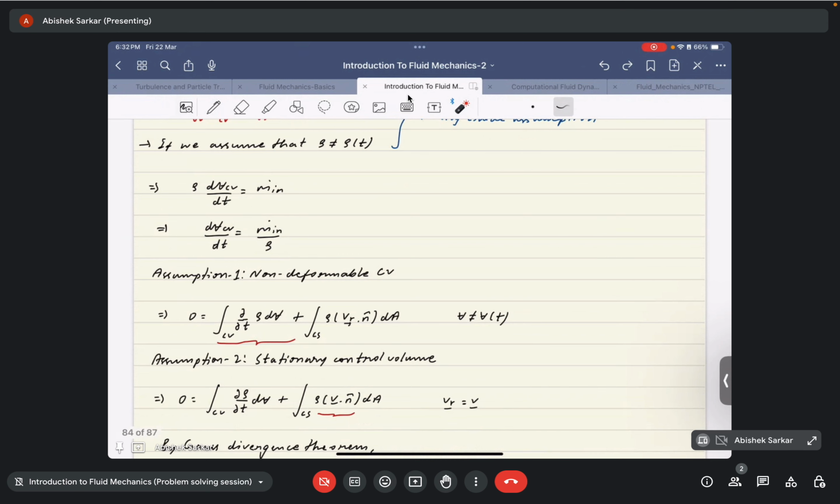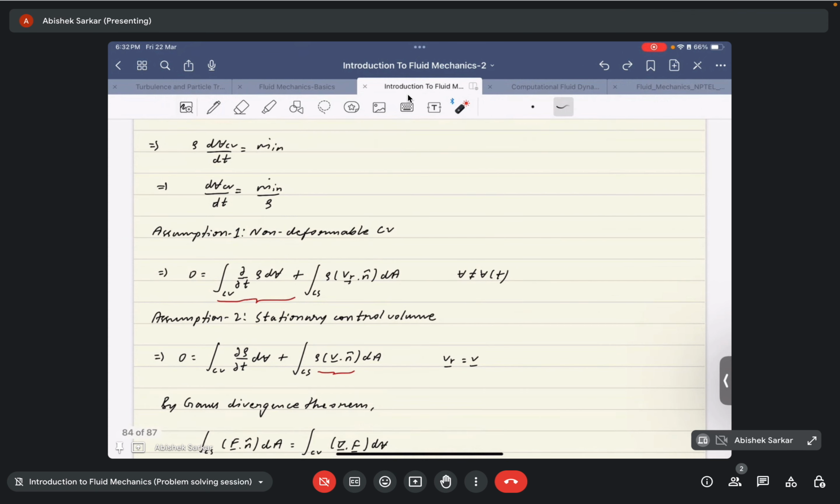Okay, and now if we consider a stationary control volume, then as I mentioned, this V_R is actually the velocity of the fluid with respect to the control volume. There is no restriction in the initial derivation of RTT that the control volume has to be stationary. It can be moving, but that's why it is V_R instead of V, which mentions that V_R is the relative velocity of the fluid coming out of a particular phase of the control volume with respect to the velocity of the control volume itself.